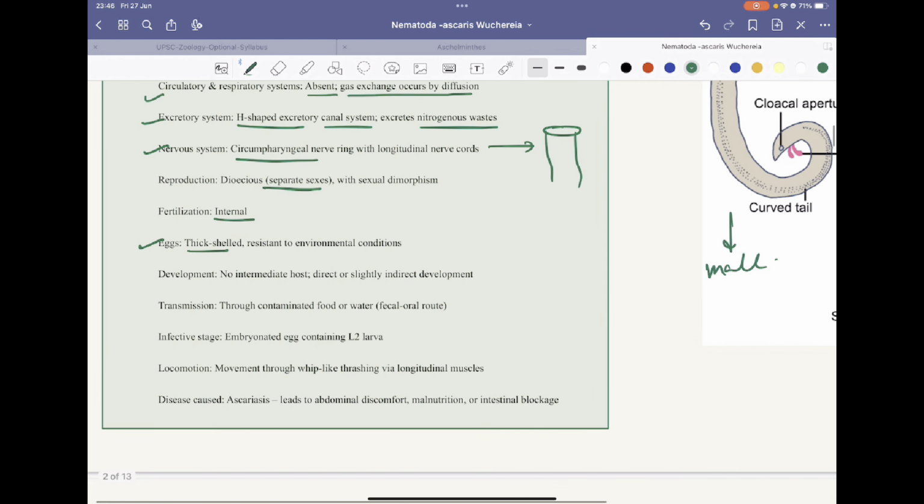The eggs are thick shelled, so they are called embryonated eggs. The development is direct or slightly indirect. There are some juvenile stages, slight molting also, and the transmission is through contaminated food or water.